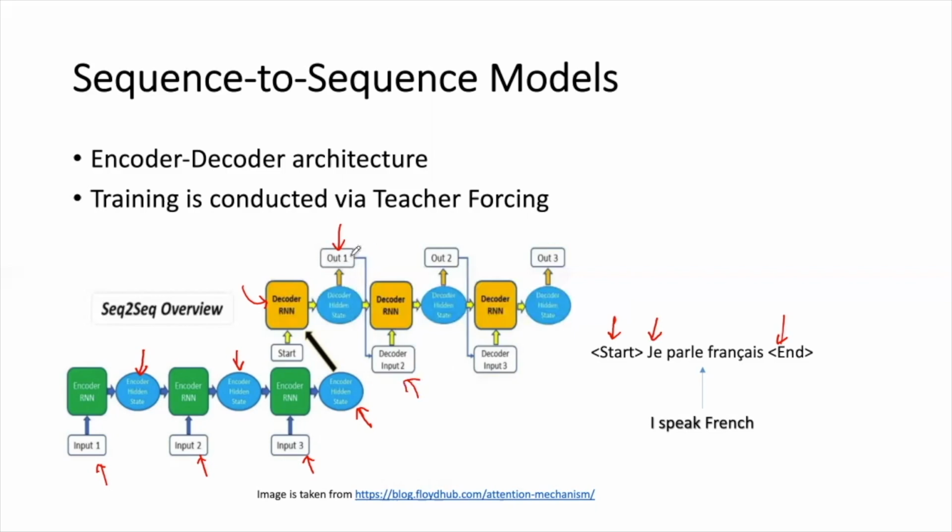This basically generates the word J, but the vector representation for J is what is passed. Once we pass that, we also have the previous decoder hidden state provided. These two are taken as the inputs, and we have the next decoder hidden state, and similarly we generate the next output word.